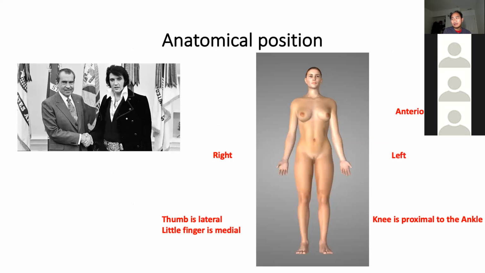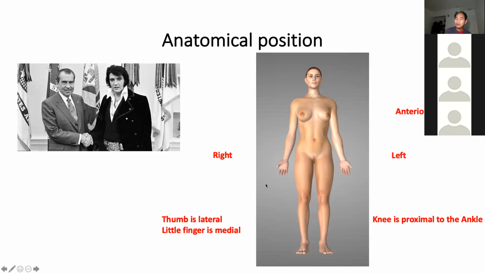And don't forget, for right side, you put yourself in the patient's position, in the skeleton's position, in the cadaver's position, and once you are there, the right side is the right side. This is the right side, this is the left side. For the eye, this is the right eye, this is the left eye.